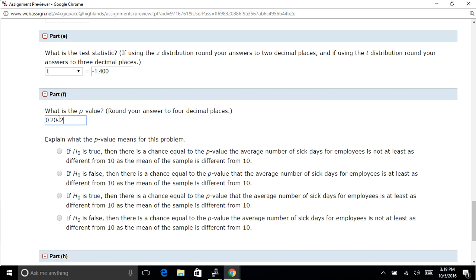Because all I'm saying there is this p-value says that my sample is no different from my population, or is at least different than the population. You can think of it this way, because all we're doing is we're comparing the sample to the population. So the false ones are never going to be good. It's only going to be the true ones, okay? So I got to look at it, and I want to say that it's at least as different. So that's the one I pick.